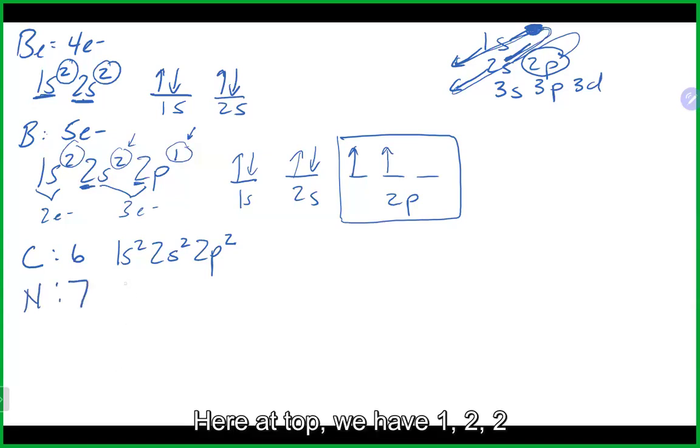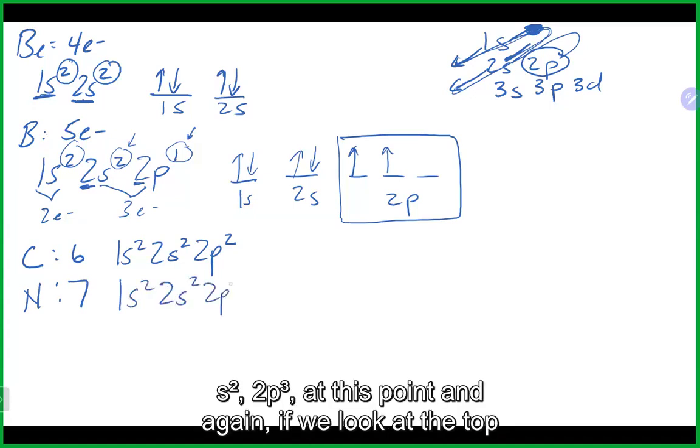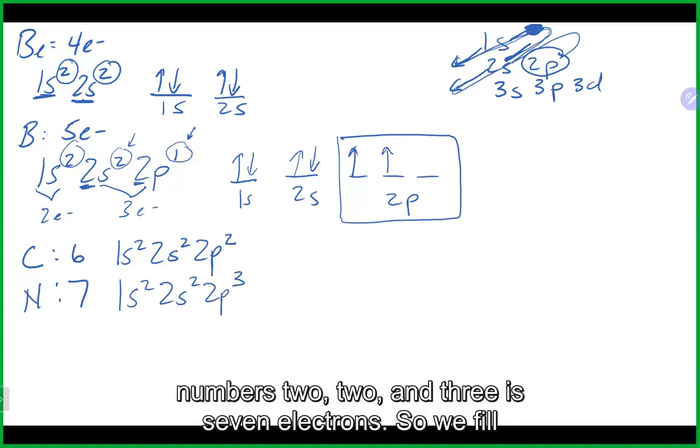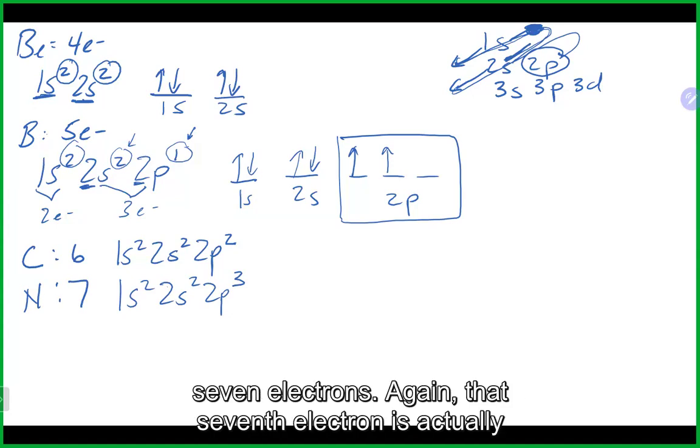Here at top, we have 1s2, 2s2, 2p3 at this point. And again, if we look at the top numbers, 2, 2, and 3 is 7 electrons. So we've filled 7 electrons.